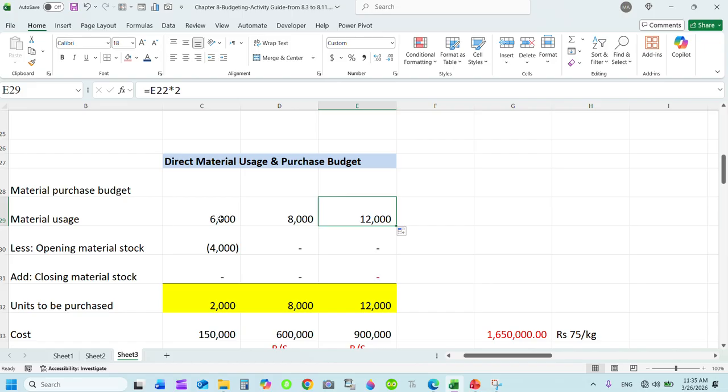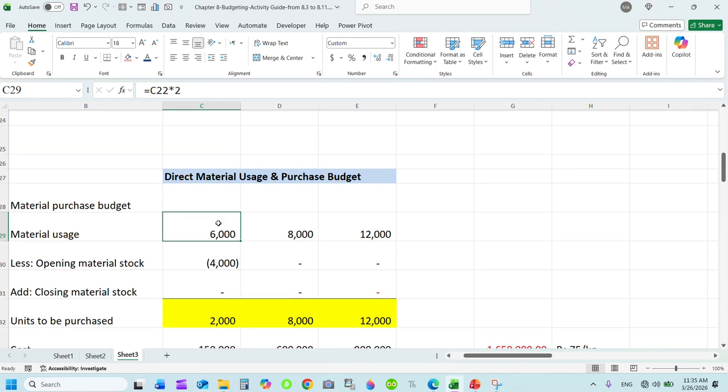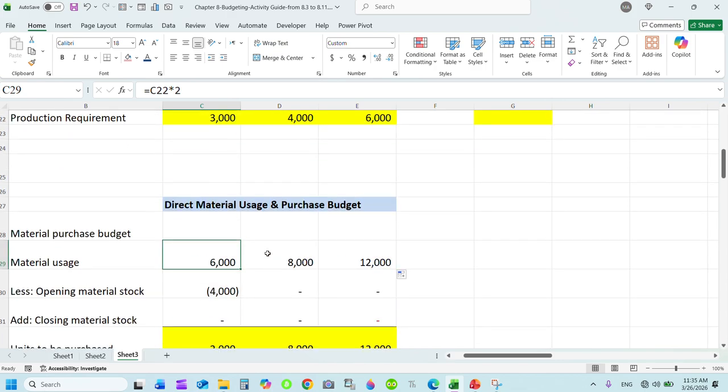Then based on the usage budget, we can decide how many units of raw material to be purchased. We need 6,000 for the production requirement. We need 8,000 kilograms just to meet February production.